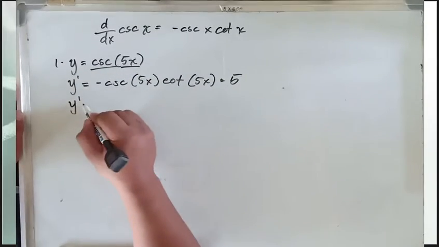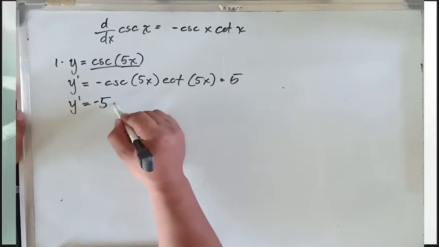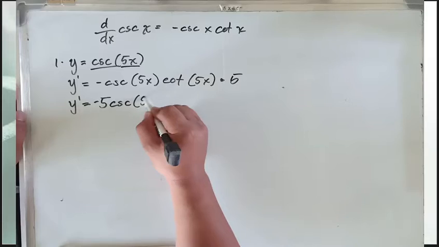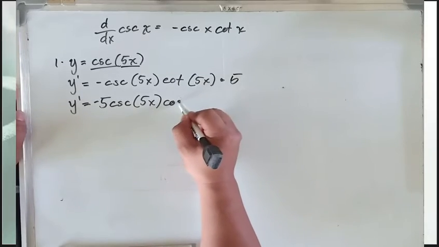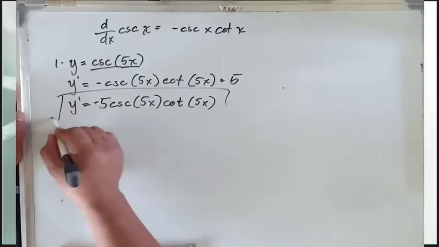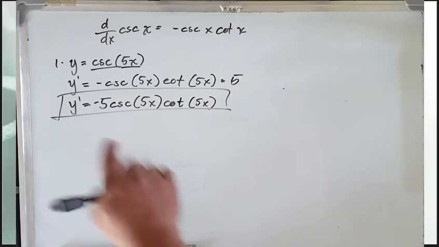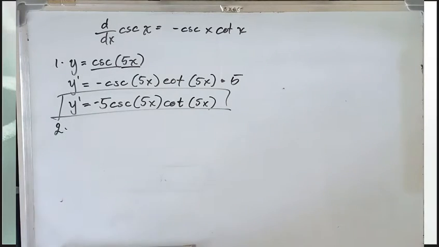Then, we need to simplify. 5 times that negative is negative 5 cosecant of 5x times cotangent of 5x. So that's how simple it is to get the derivative of the cosecant function.